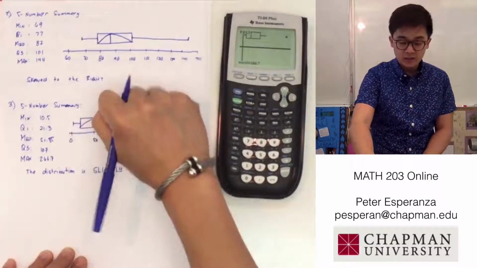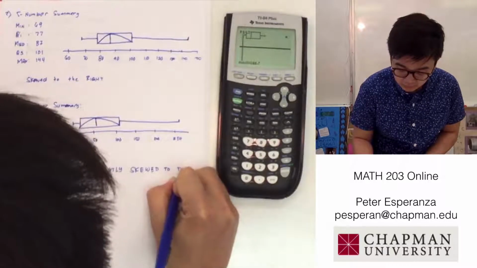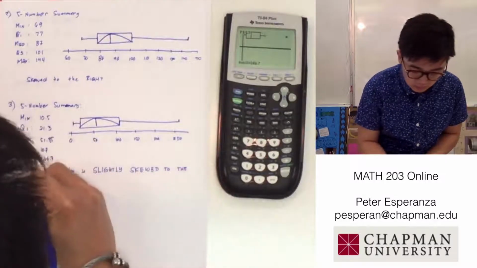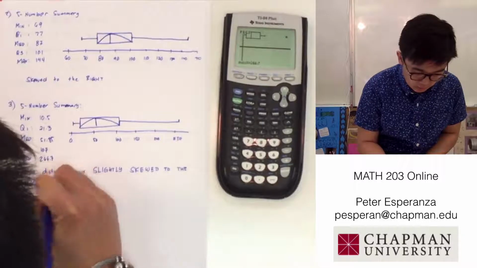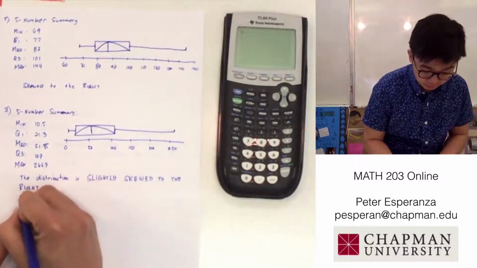So the longer tail is right here on the right side, so slightly skewed to the right. What we can do is use the 1.5 IQR rule.